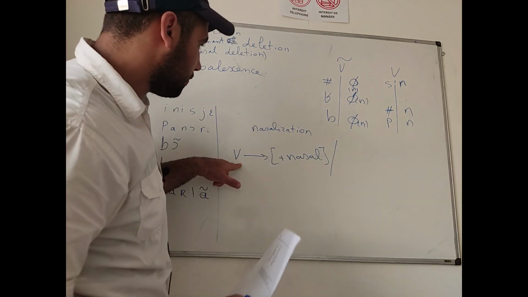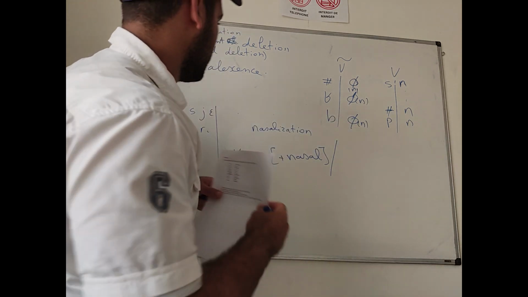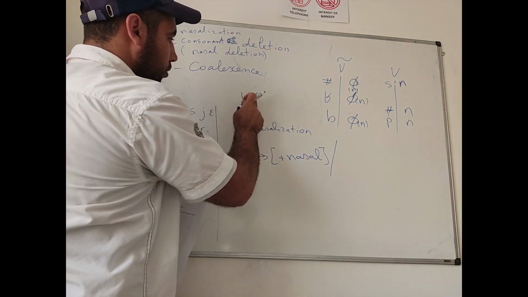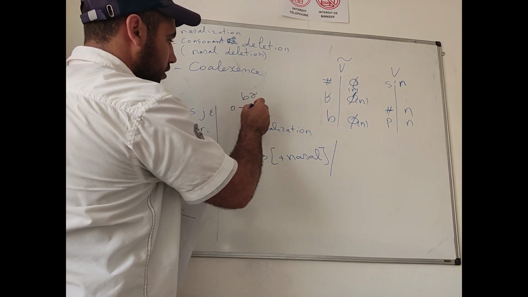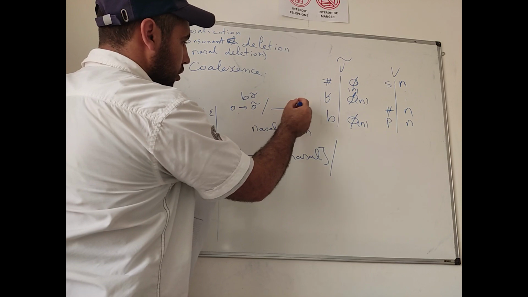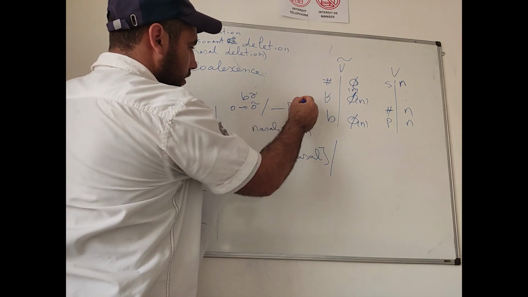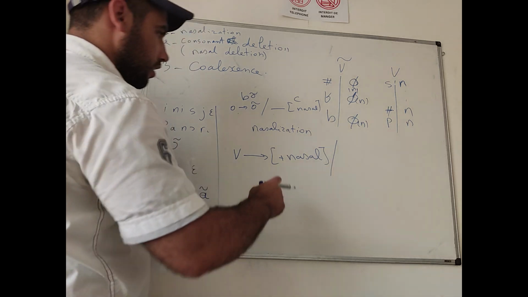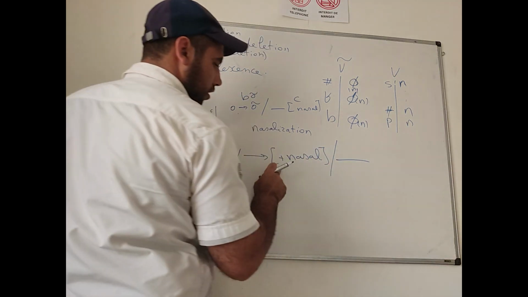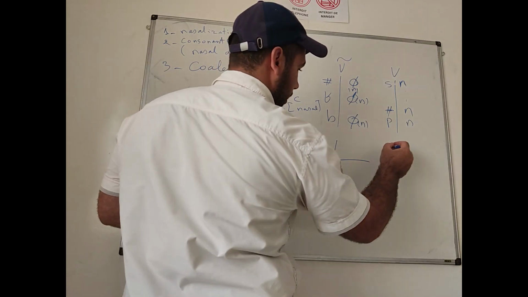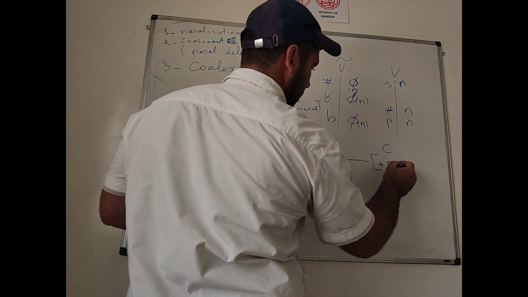When a vowel becomes nasal, for example, bon. The O sound becomes nasal where it occurs before a consonant that is nasal. And this is how we would write it: where it occurs before a consonant that is plus nasal.